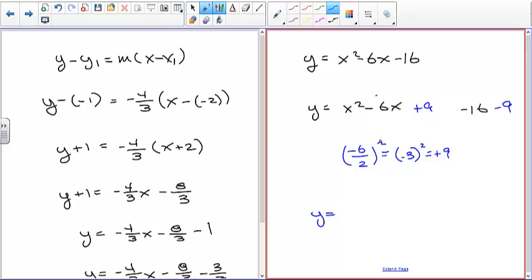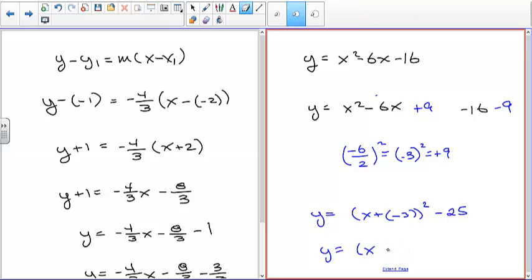Now, the complete square is going to be x plus whatever this is. So it's going to be x plus a negative 3, quantity squared. And then you have negative 16 minus 9, which is negative 25. So that's y equals x minus 3, sorry, I'm adding a negative 3, so that's going to be minus 3.